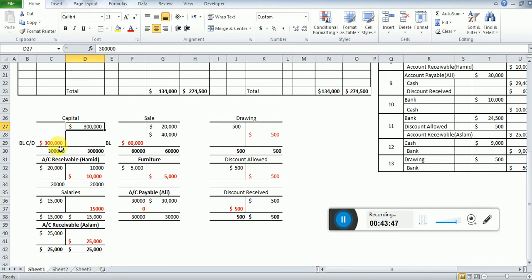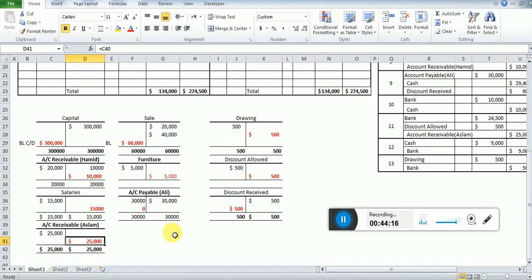So the balance given here is actually called the credit balance, and the balance given here is also a credit balance, and the one given on the credit side is a debit balance, right? And the balance given on the debit side is a credit balance. So this is also a debit balance, this is a debit balance, and this is our credit balance, this is also a credit balance, and this is a debit balance.